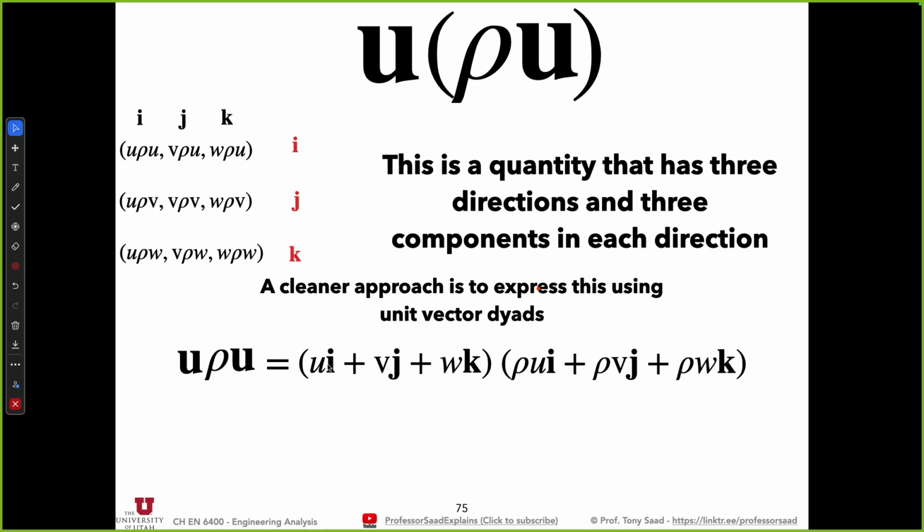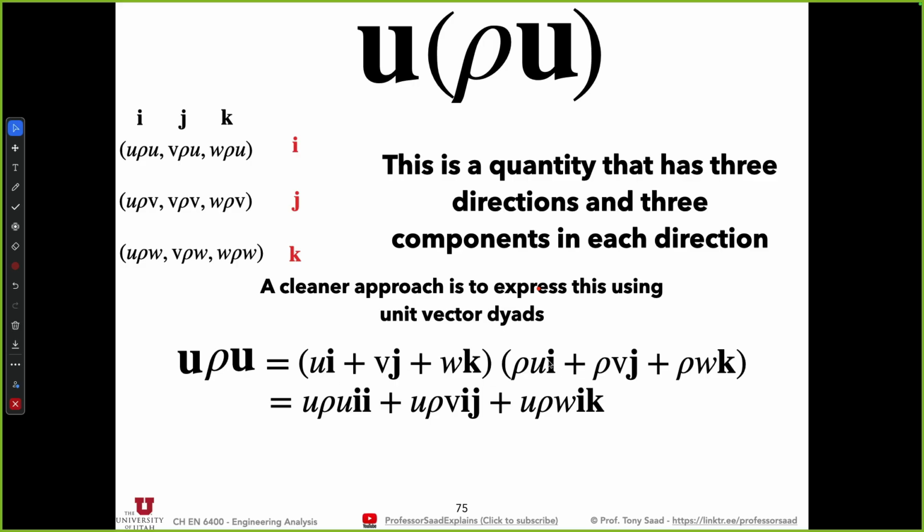Now, I'm going to simply distribute as in a distribution of product: ui across all of these terms, vj across all of these terms, and wk across all of these terms. I'm going to get terms like ii, ij, ji. Those are dyadic unit vectors, and that's fine, because I have at least an interpretation for them.